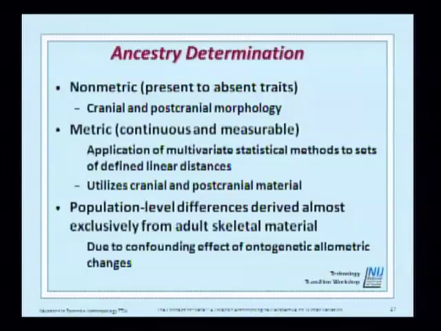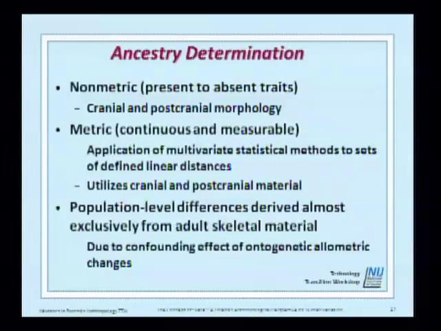How do we determine ancestry? Well, we do it non-metric, or through visual morphological traits like the protostylid and post-bregmatic depression. Those are things that you can't necessarily quantify. We use metric methods, which use continuous and measurable points. Traditionally, we've used calipers. They've worked quite well so far.